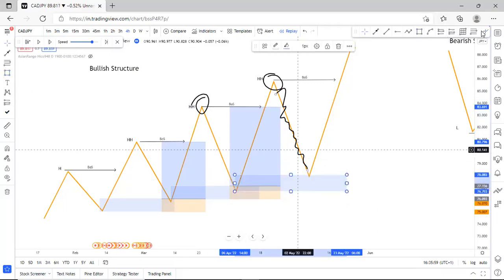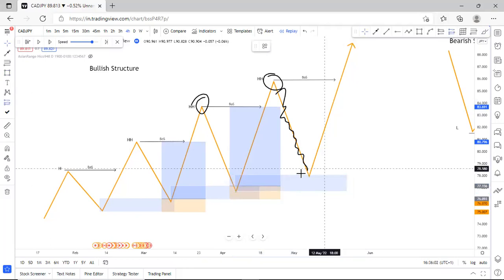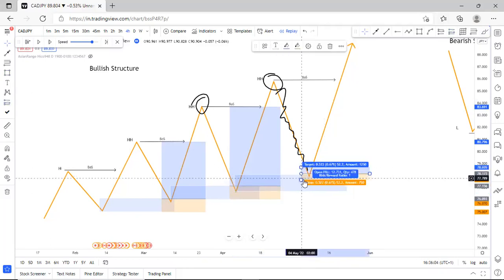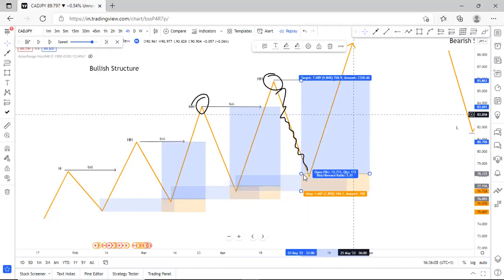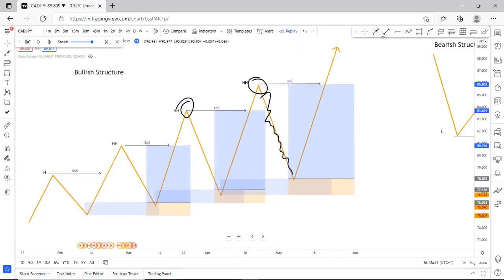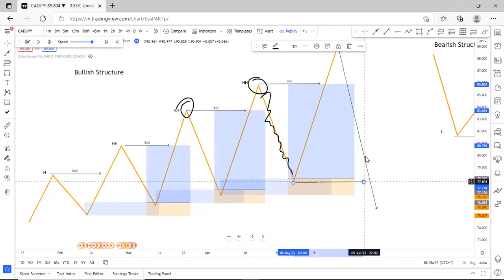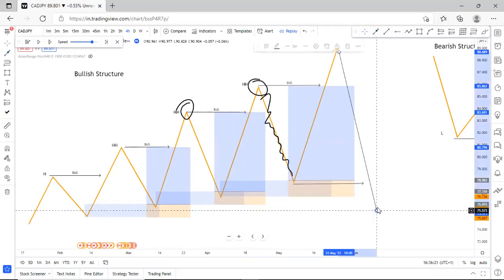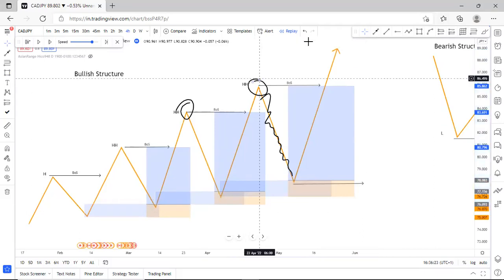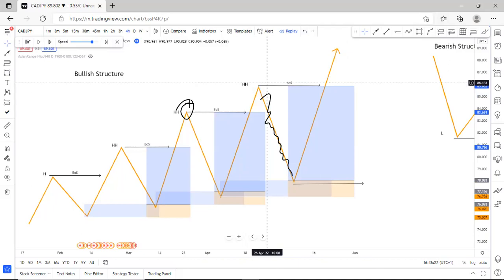Then again, we can get into yet another buy, taking our profit at this previous high, until the market then breaks below this last low, changing direction now to a bearish direction. So this is how to stack trades correctly in the forex market.